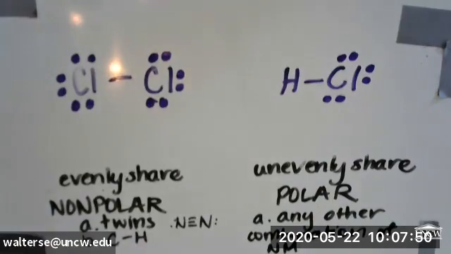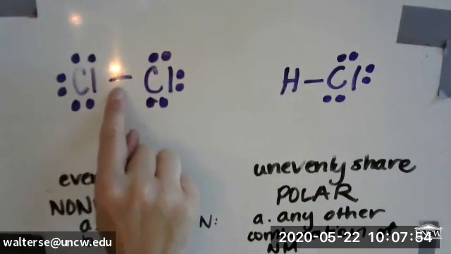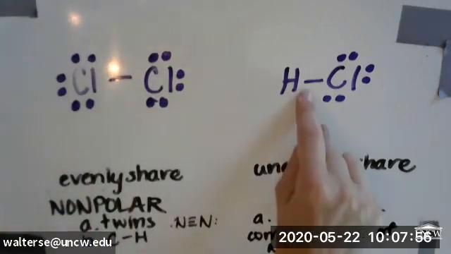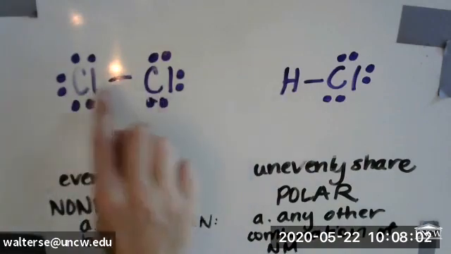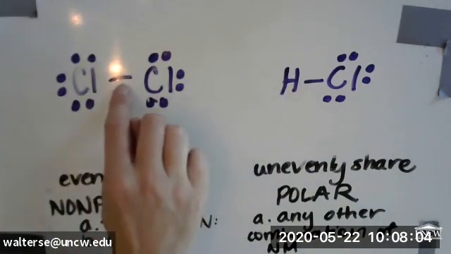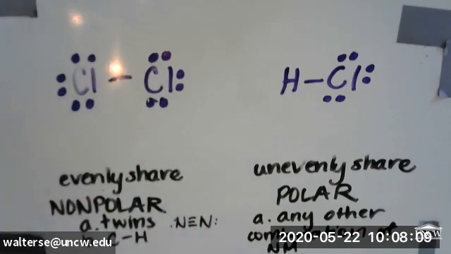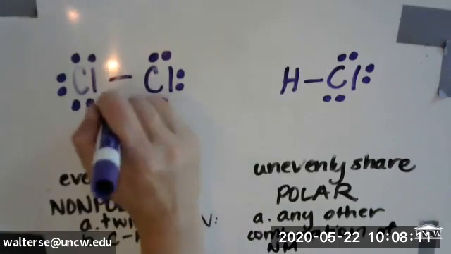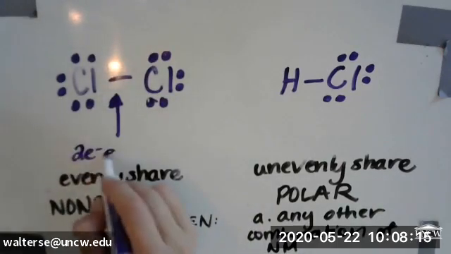So the tug of war is between these electrons in this bond and these electrons in this bond. Okay. So when you have two atoms that are identical, they're equally going to pull on the electrons in this bond. So this would be a case where these two electrons are going to be evenly shared.